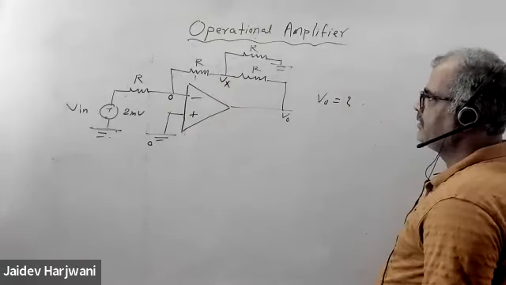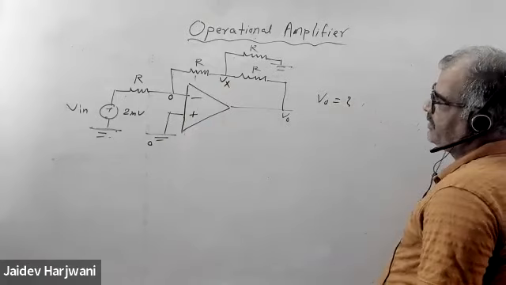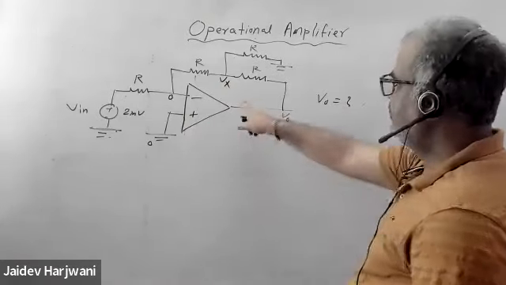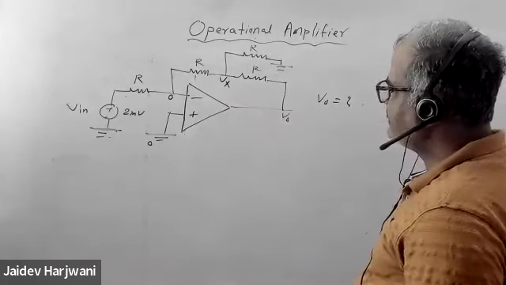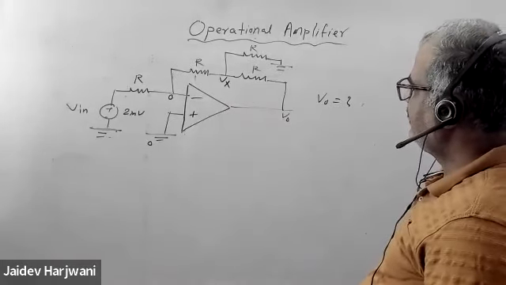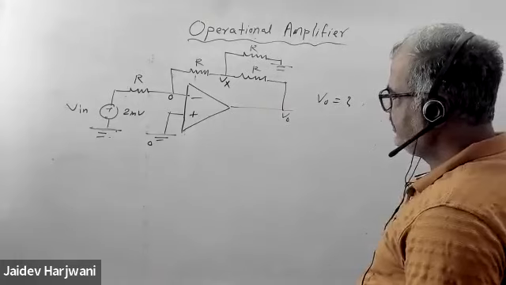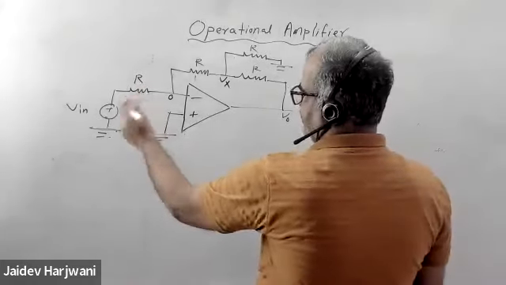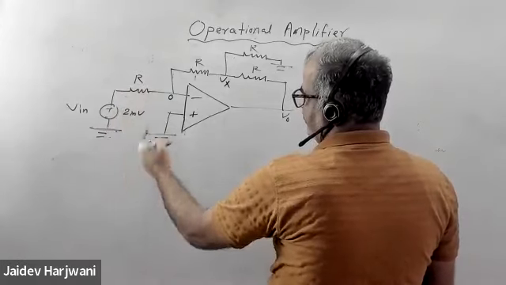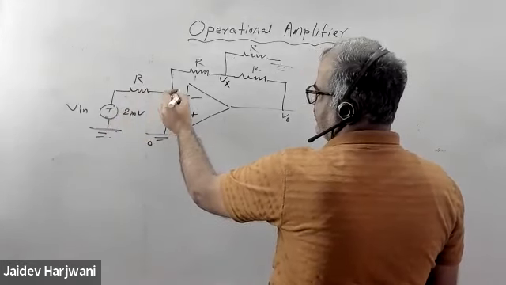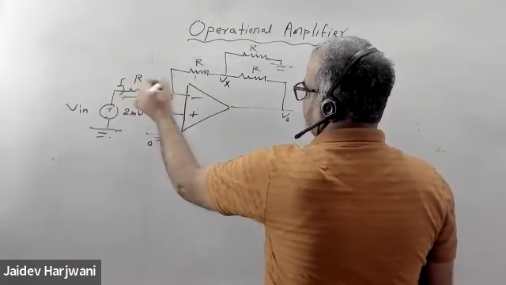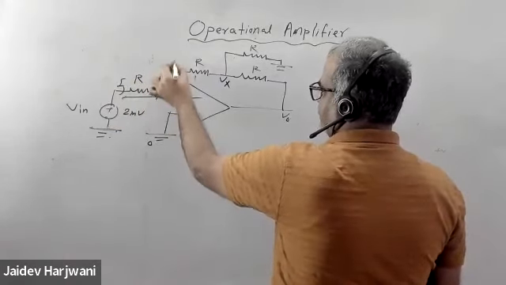Now you can do nodal analysis and find Vx by using nodal analysis, and then you can solve this one. For example, this is V input. Here no current is going, here no current is going. So whatever current is coming here, the same current goes through here.